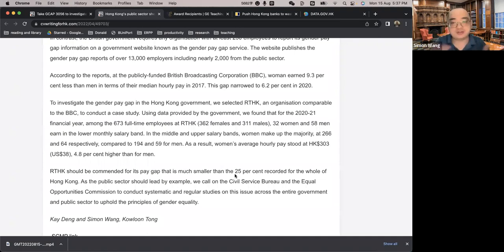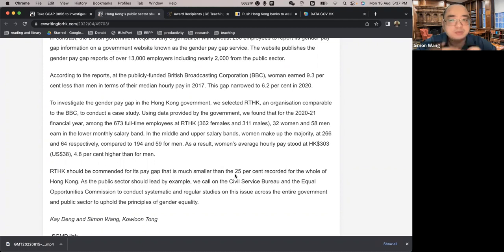Okay, so we have to change our narrative a little bit, and we have to say, look, RTHK was actually doing a pretty good job in terms of not just closing the gender pay gap, but women were paid more than men, which is defying the trend or the stereotype.